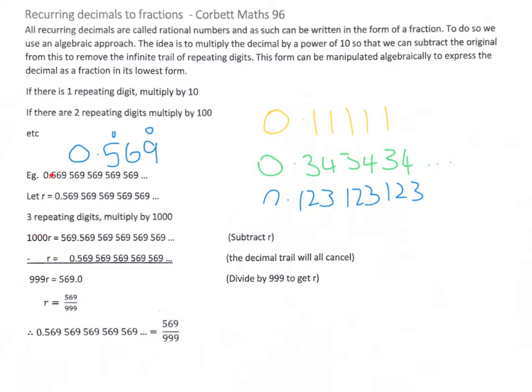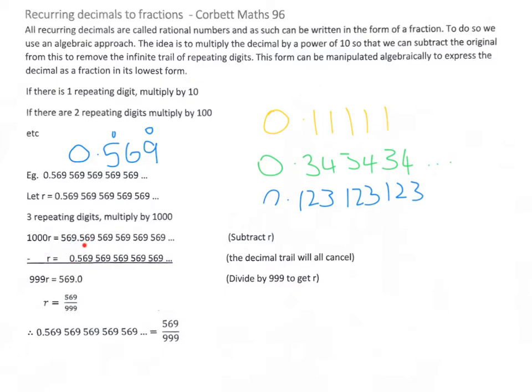If we multiply the decimal by 1,000, we'll move the decimal place 3 spaces over and we'll get 569.569569. Now there's an infinite trail of 569s, so by moving it along 3 spaces, 3 less than infinity is still infinity. So 1,000R equals 569.569569.